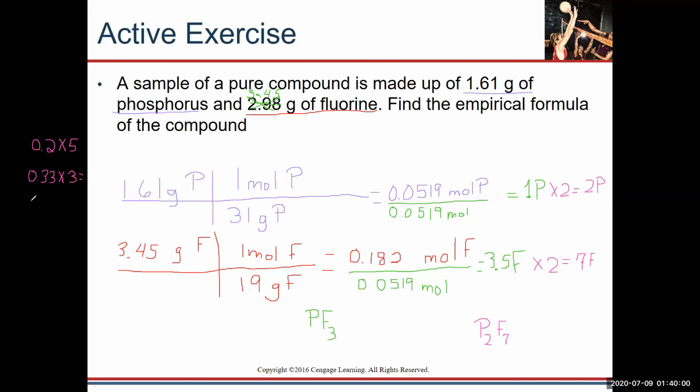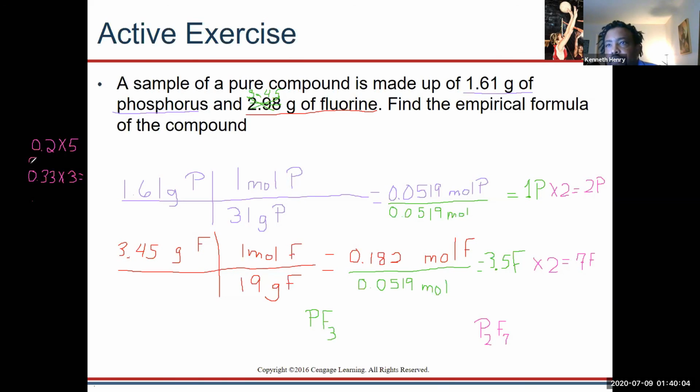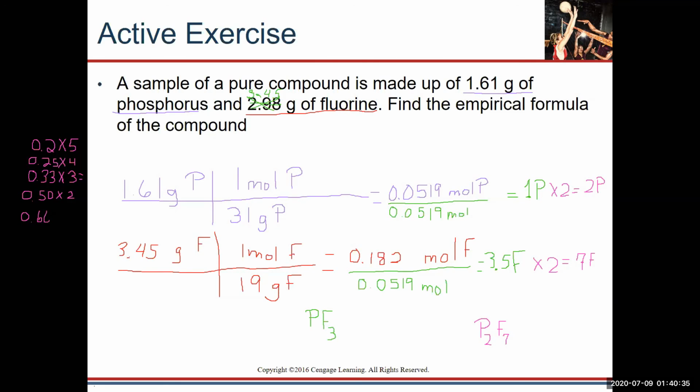Okay, and what am I going to multiply, let's see, I skipped 1. So if I have 0.25, 4, right? If I have 0.5, like in this case, 0.66, maybe that'll help a little bit.